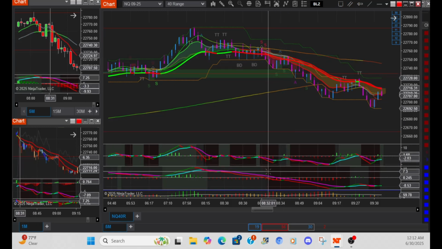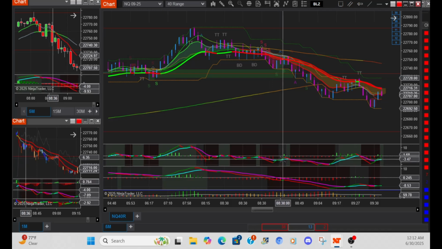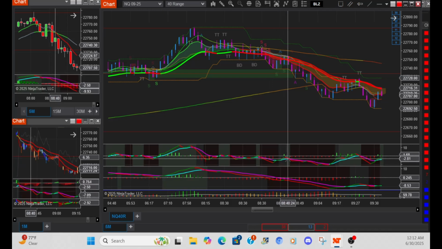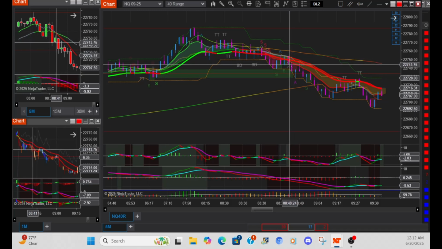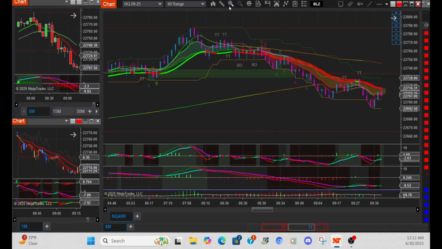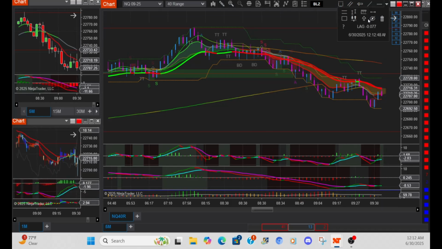Now, as the MACD crosses below, look at the fast. It pulls back above the signal line. And as this is crossing down, we're breaking the 8. That's our signal. Actually, let's see if we have this here.